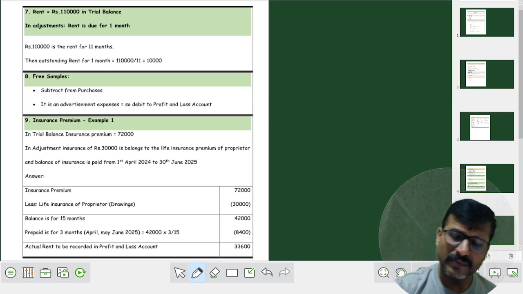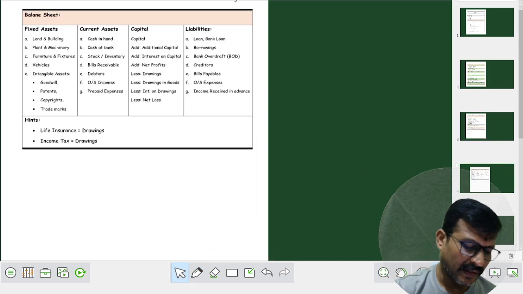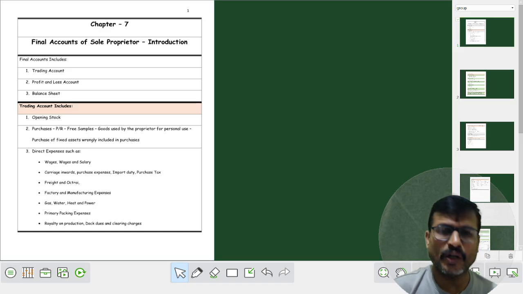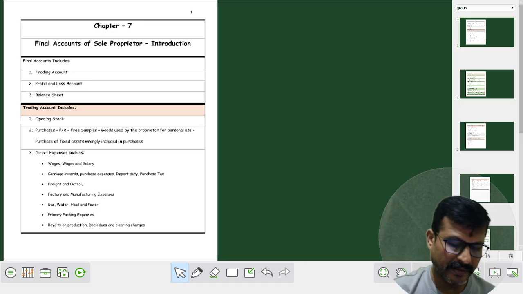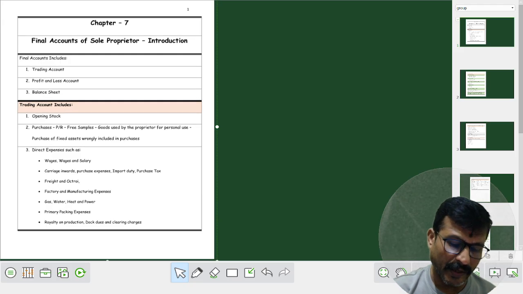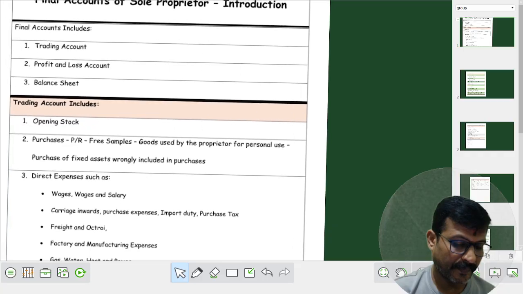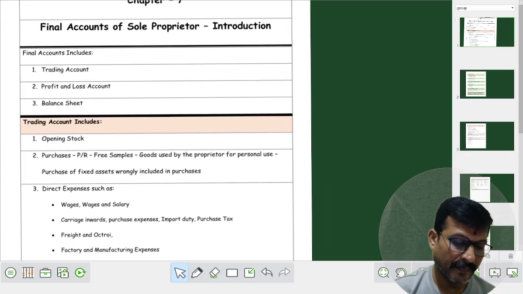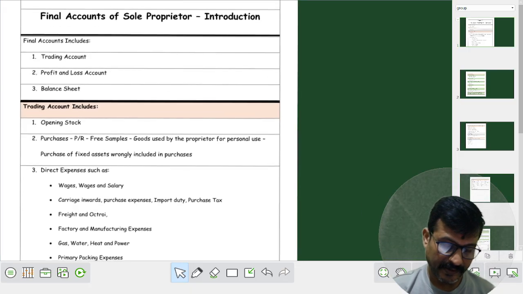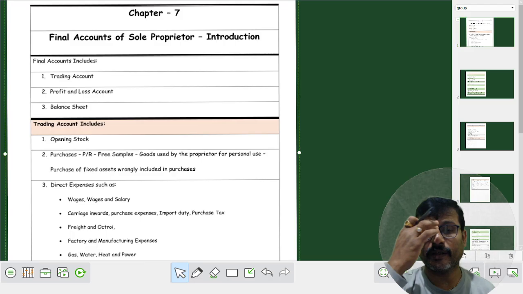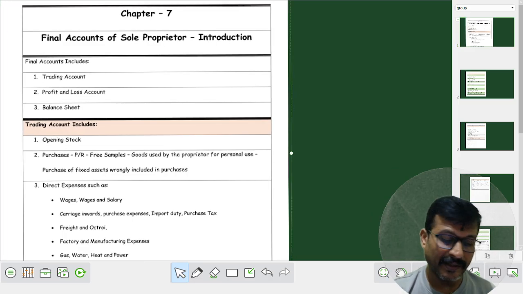So let us have the basic ideas about the sole proprietor with respect to non-manufacturing concerns. See, what are the things that we prepare in non-manufacturing concerns?